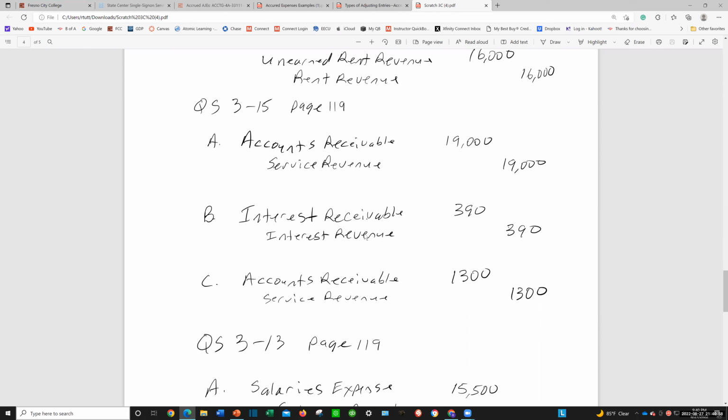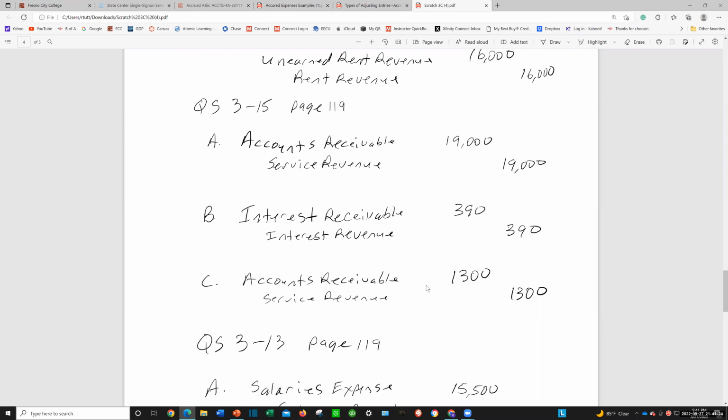So we're going to credit our interest revenue. And we haven't received it. Now we're going to record it, but we haven't received the money. So we're going to debit the receivable. So in B, debit interest receivable $390 and credit interest revenue $390.